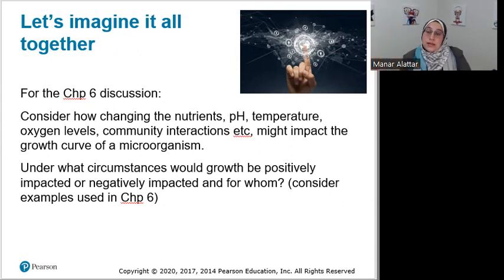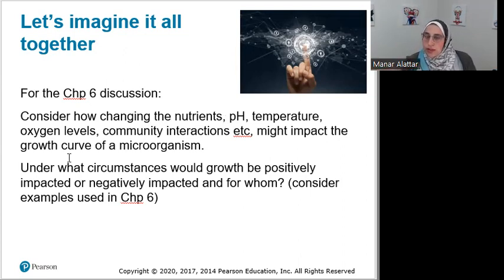And those are going to be dependent on the characteristics of the nutrients that have been supplied and the kind of environmental characteristics around that microorganism. And so think about how you might change the nutrients, the pH, the temperature, oxygen levels, community interactions, as we had talked about before, and how that might impact the growth of the microorganism.